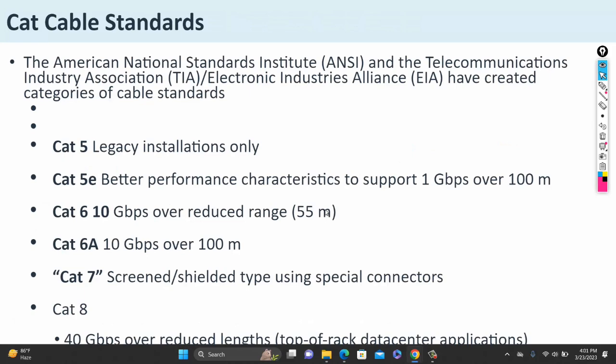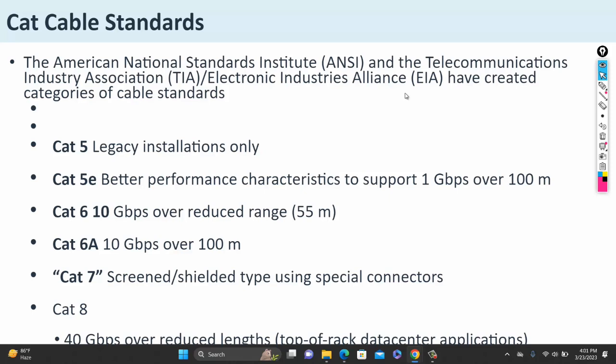There are some CAT cable standards. The cable standard is defined not by a single company. There are some institutions and companies, like the American National Standards Institute, the Telecommunications Industry Association, TIA, and the Electronic Industries Alliance.